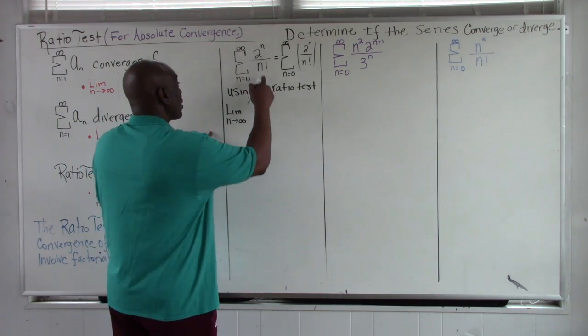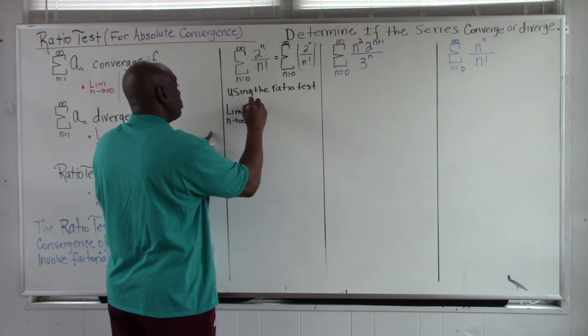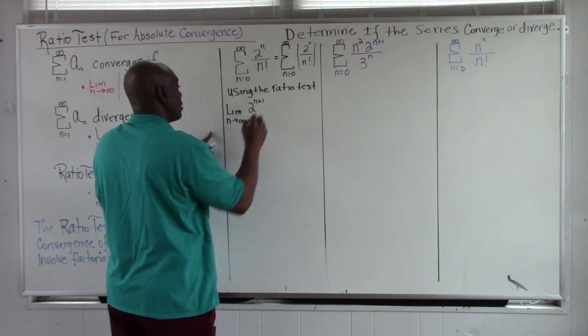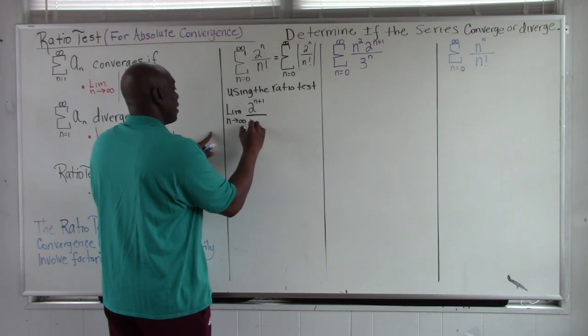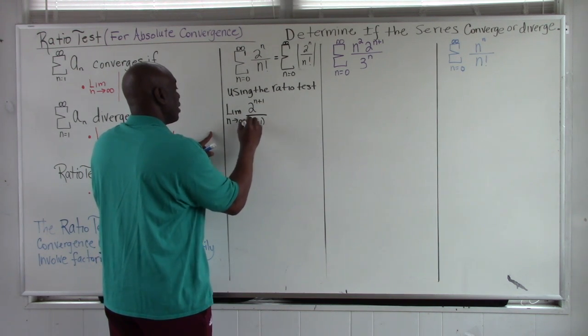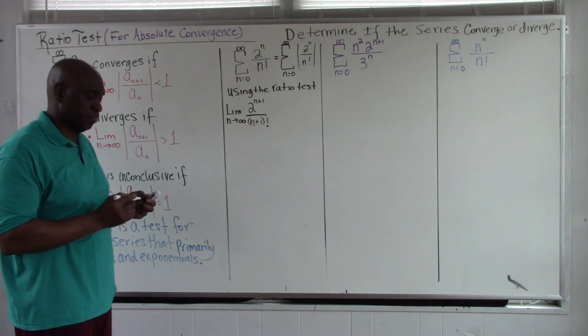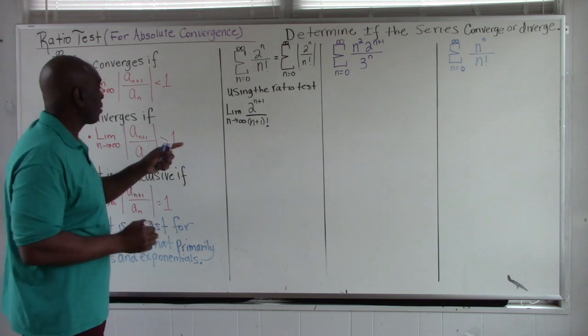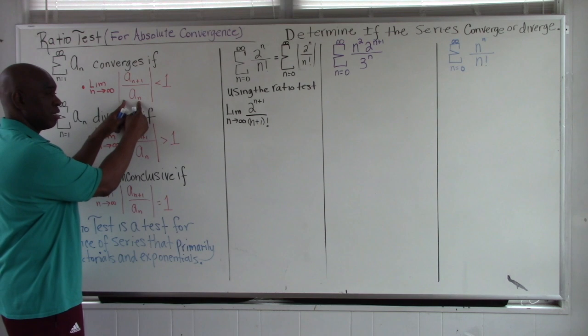So we're looking at 2 to the n plus 1, divided by n plus 1 factorial, divided by a subscript n.